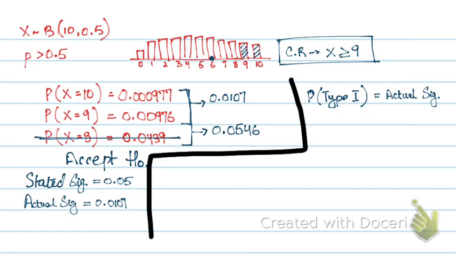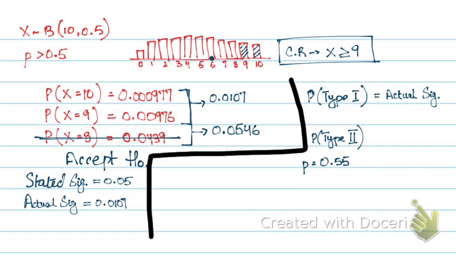For type 2 error, it's basically your acceptance region with the new probability. So let's say the question says find the probability of type 2 error, given that the probability is in fact, let's say, 0.55, just a random example.